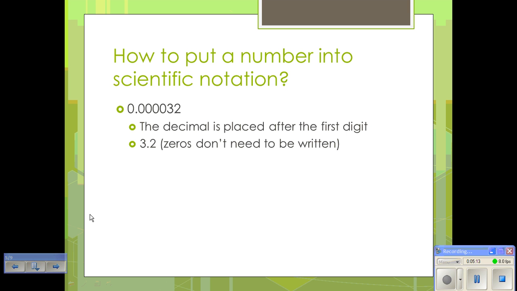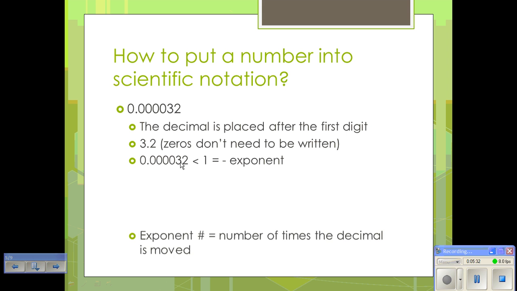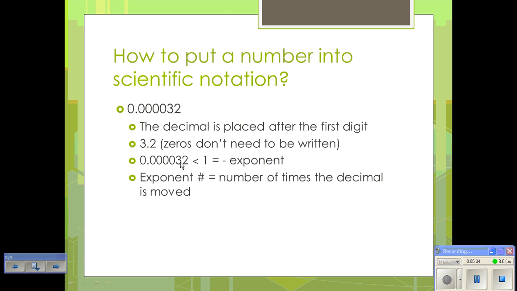It's smaller than 1, so it's going to have a negative exponent. And then how many times do we have to move its decimal point to get behind the first non-zero digit? 1, 2, 3, 4, 5. So we get 3.2 times 10 to the negative fifth.